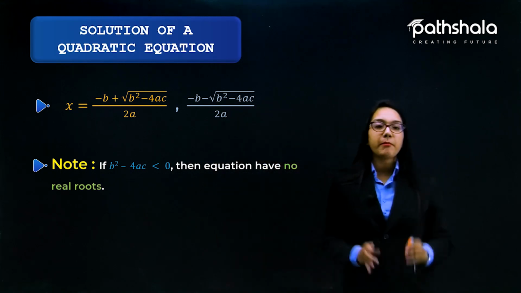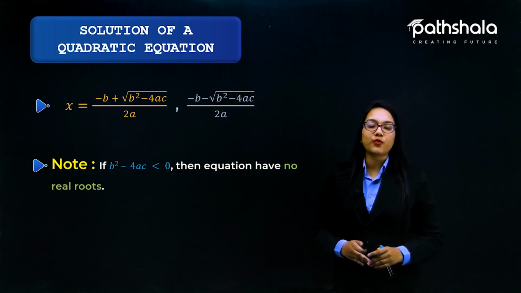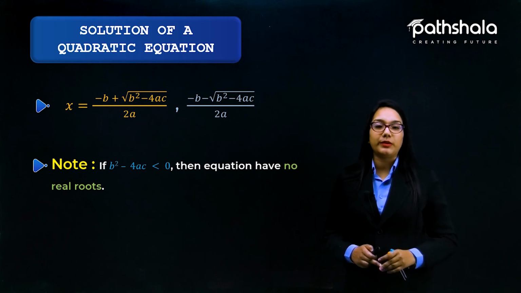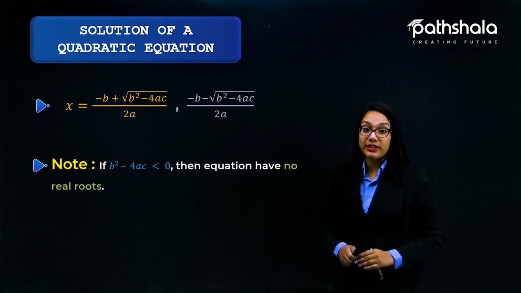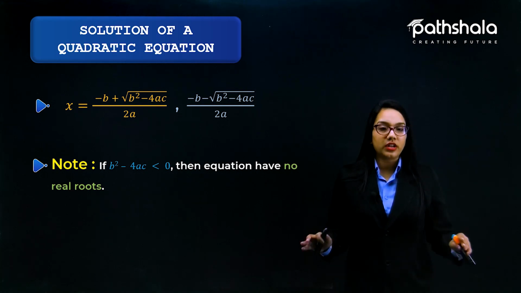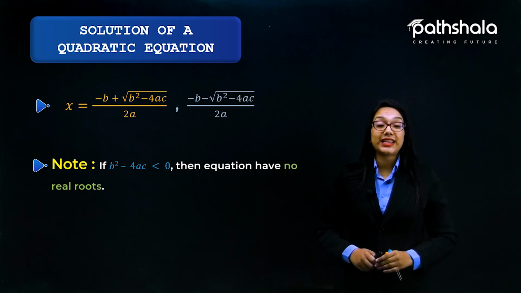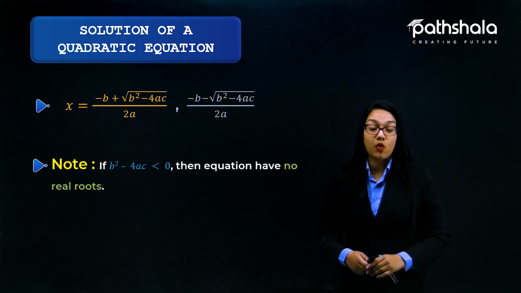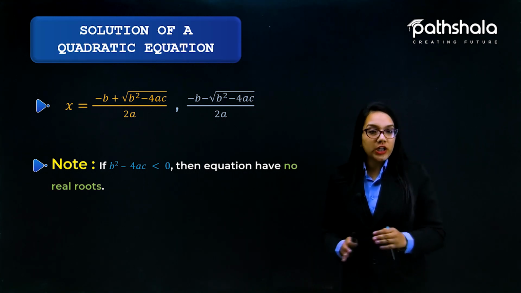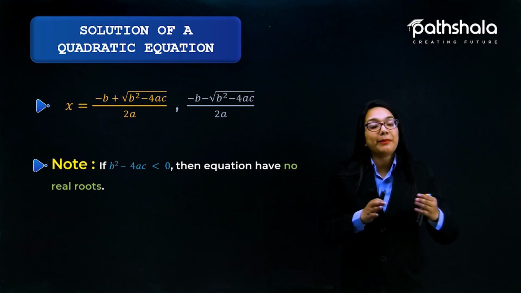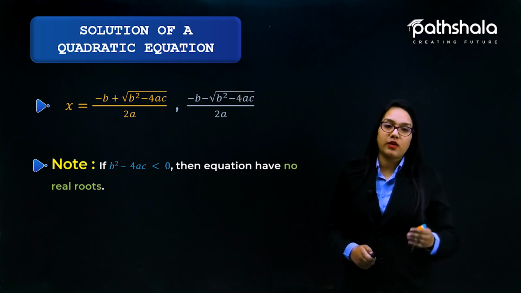So always remember, whenever b square minus 4ac is greater than or equal to 0, it has real roots. But if it is less than 0, then it has no real roots, and they are also called imaginary roots. So no real roots, or we can say imaginary roots, are one and the same thing.